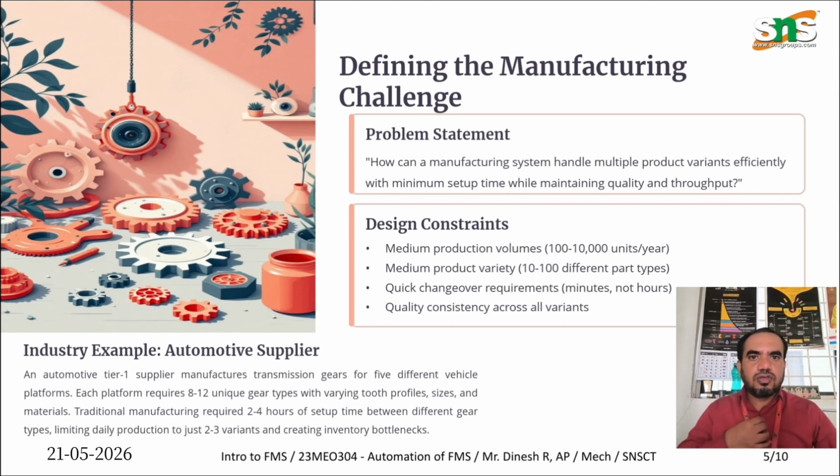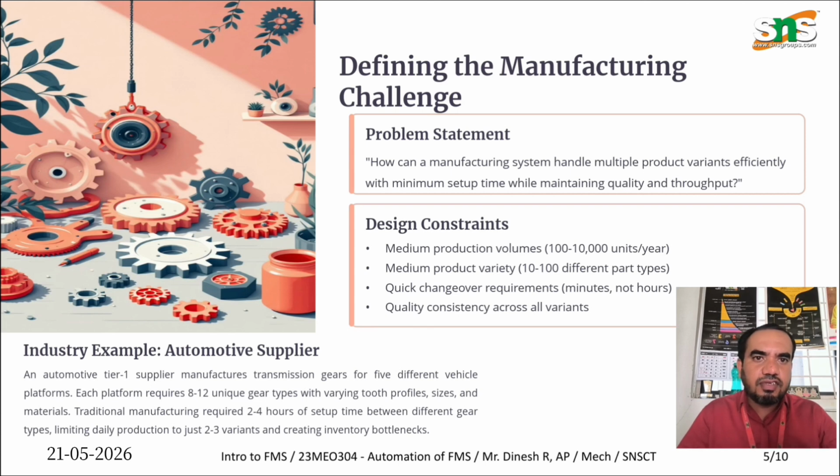Now let's take an example, automotive supplier. An automotive tier 1 supplier manufactures transmission gears for 5 different vehicle platforms. Each platform requires 8 to 12 unique gear types, here it mentioned types, with varying tooth profiles, sizes and materials.